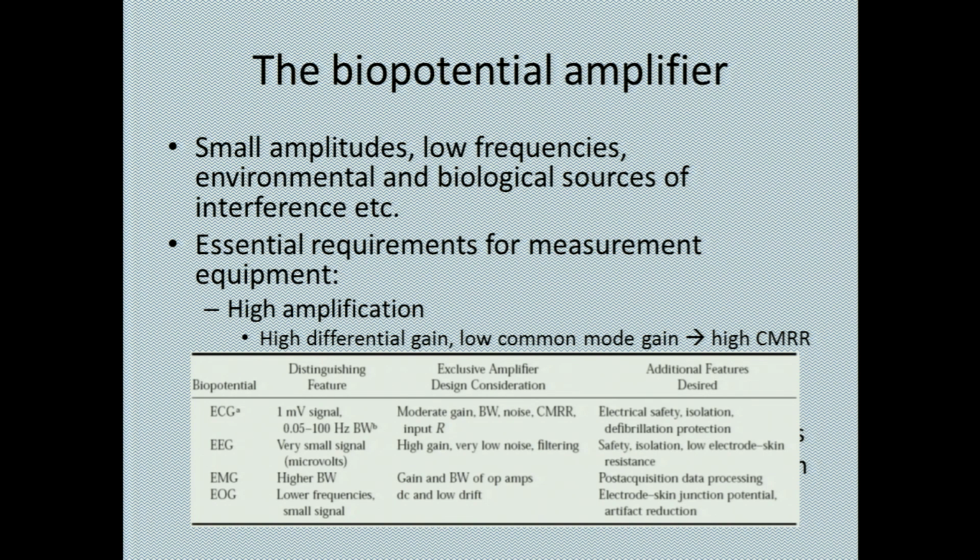EOG we will not do, but it is DC and low drift. Additional features desired: electrical safety, isolation, defibrillation protection. This is the main thing because we are doing it on the patient. So we have to make sure grounding is proper, isolation is there, they do not talk to each other. This is where the biomedical features come into the picture.